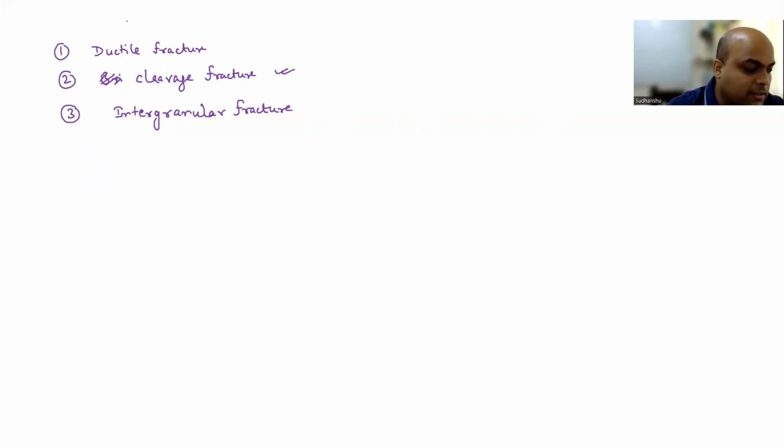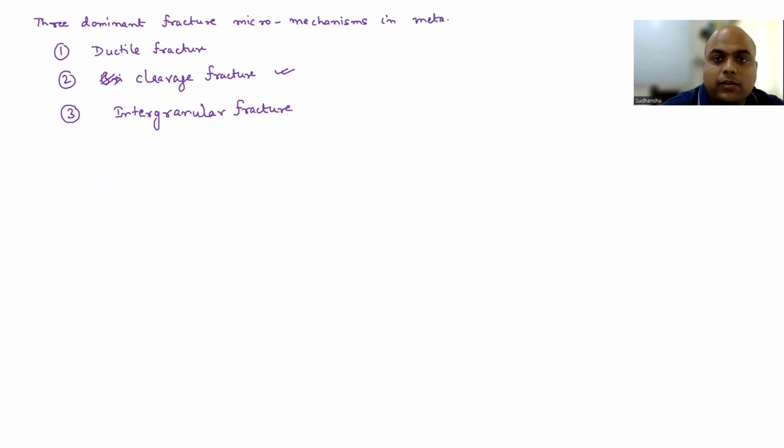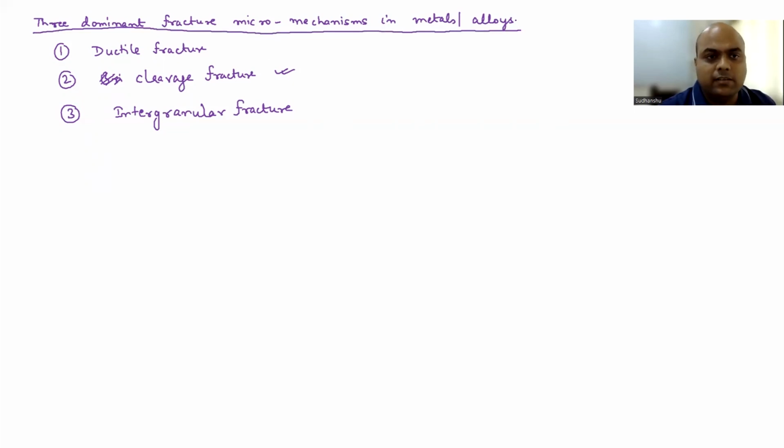Okay, so these are the three dominant fracture micromechanisms in metals and alloys. So we'll focus on first and second.